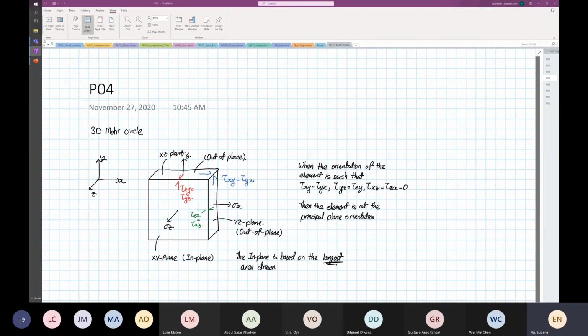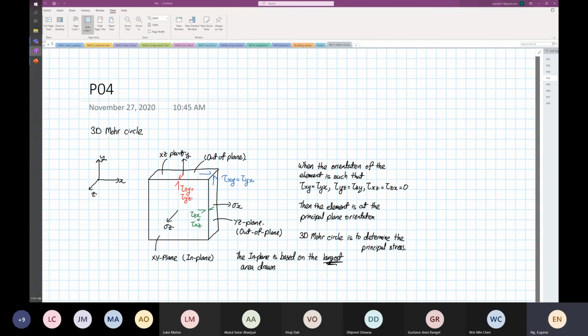The purpose of doing 3D element or 3D Mohr circle is to determine the principal stress and how to select the proper workpiece material.